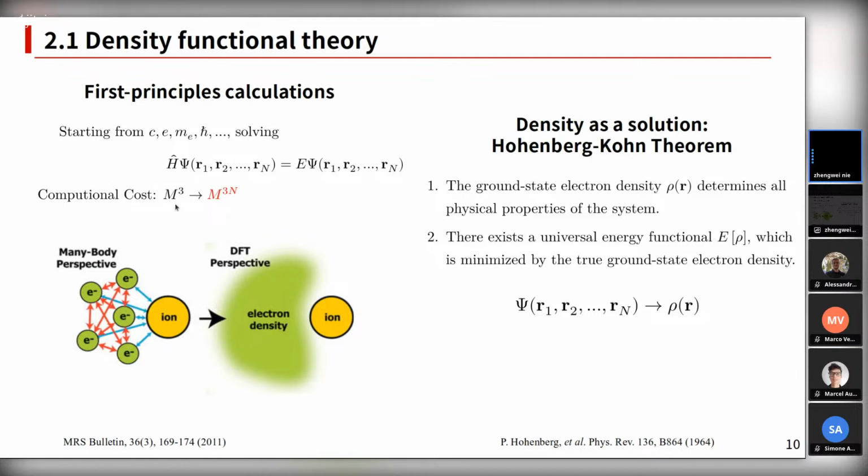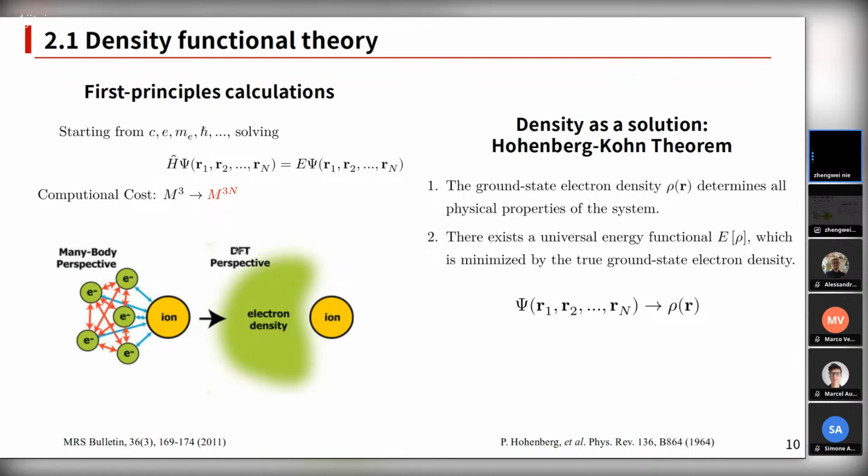For example, I use 100 to describe the wave function in one dimension here. Even for 10 electrons, the computational cost is far beyond the current capacity of modern computers.